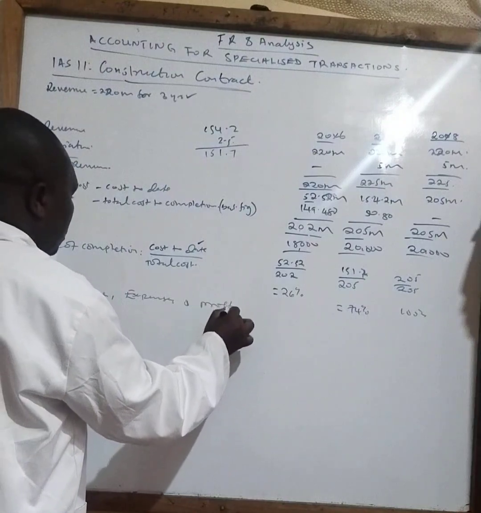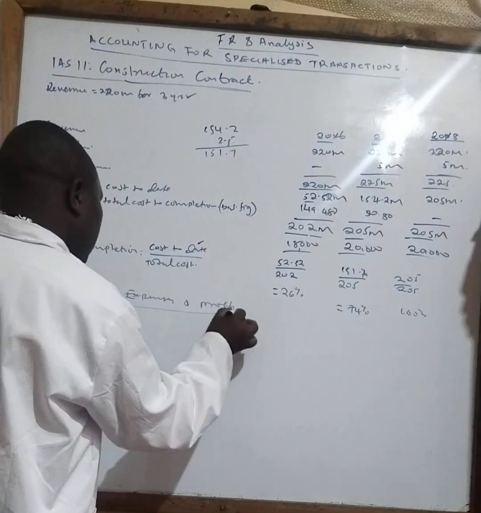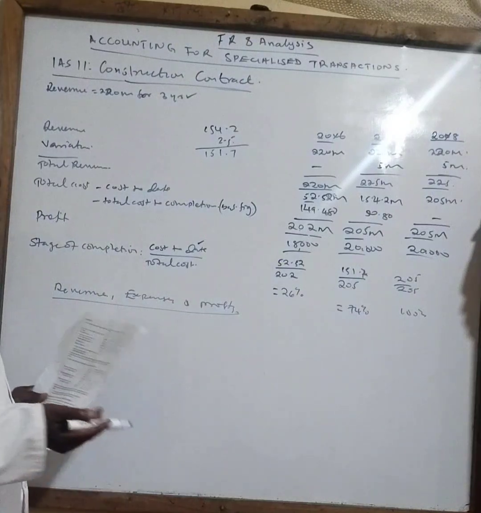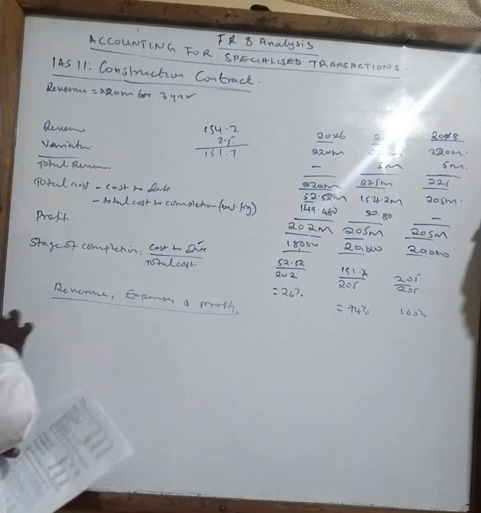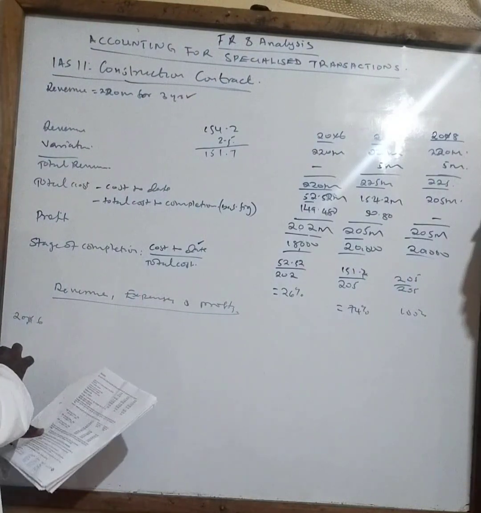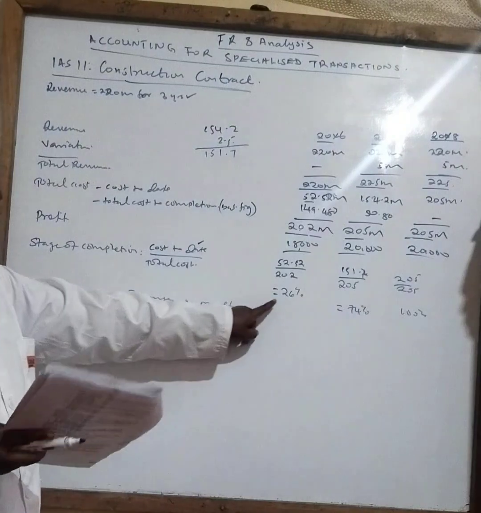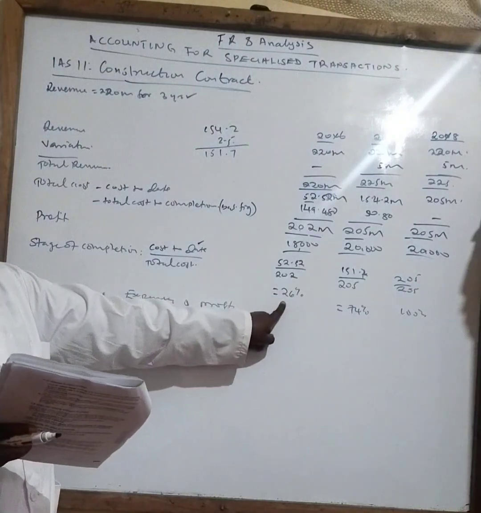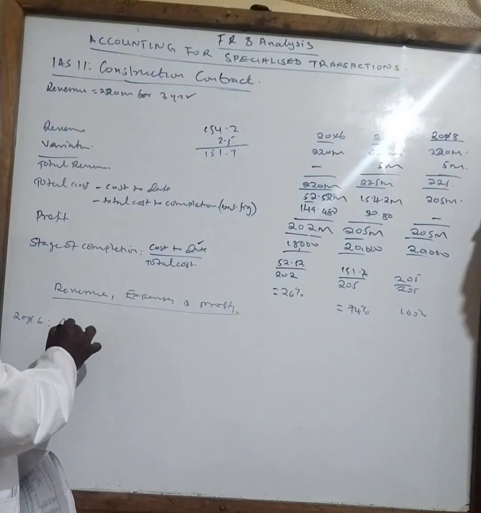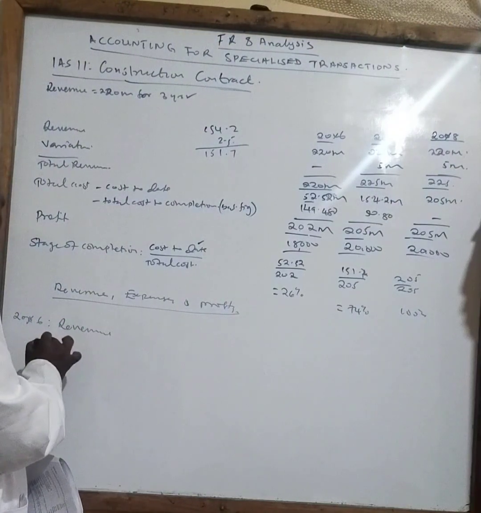That's what we have been asked to do. Our work will be very simple. We have 2006, correct? 20x6 we are using 26%. Therefore, we can say revenue, then cost.